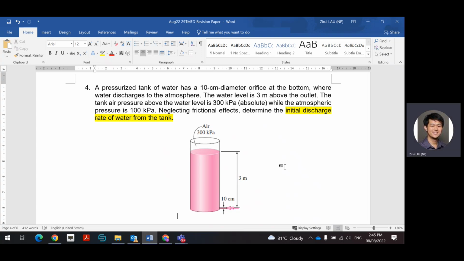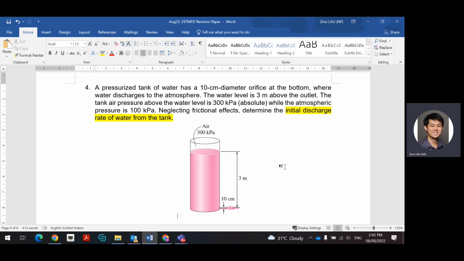Anything related to fluid flow will be Bernoulli. Understand or not? That's my point to you. No matter how weird or unrelated the question seems to be, it's just Bernoulli only.